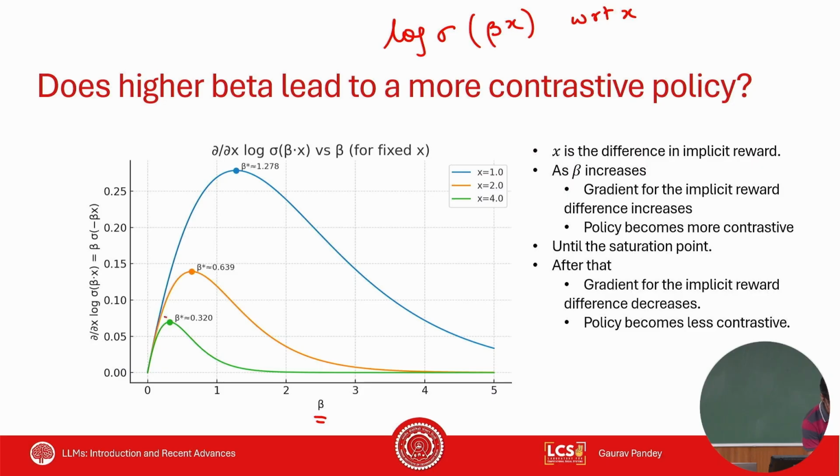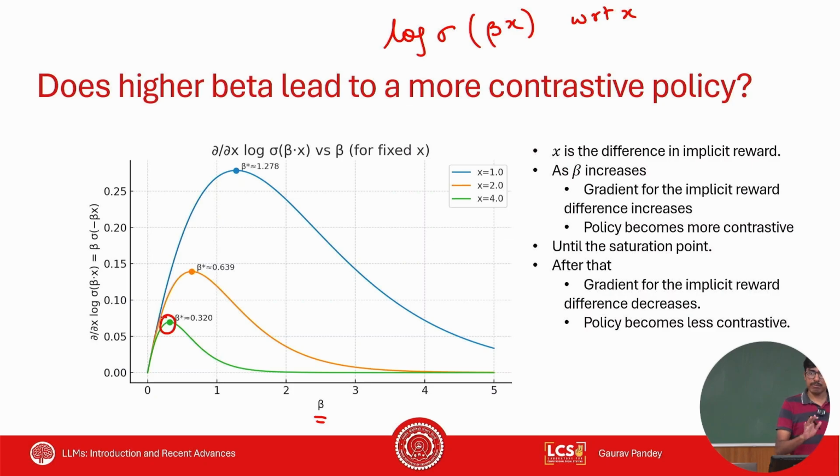This is the saturation point, and after this point, if you further increase beta, the model says okay, now let's not increase the implicit reward difference further. Let's start giving lower weight to the implicit reward difference. So after the saturation point, the gradient for the implicit reward difference actually decreases and the policy becomes less contrasting.